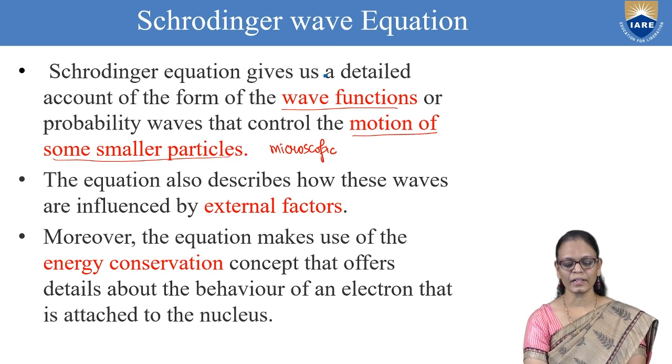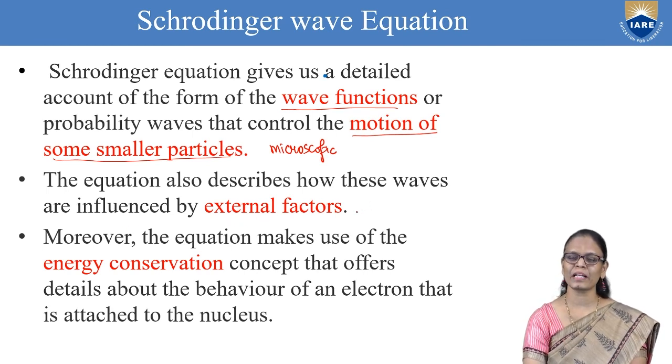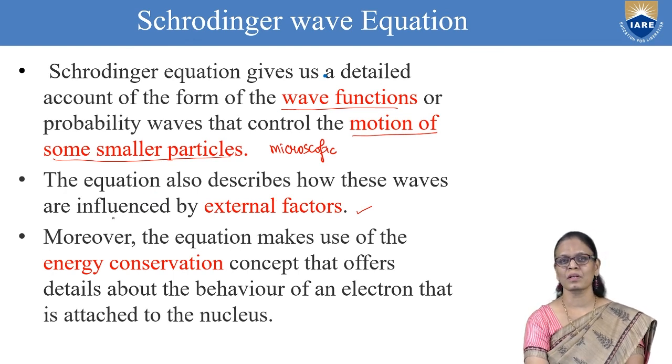And not only that, this equation also describes how these waves are influenced by external factors, be it the variation in mass and velocity or the forces that are acting on them. So this equation helps to understand the influence of external factors also.